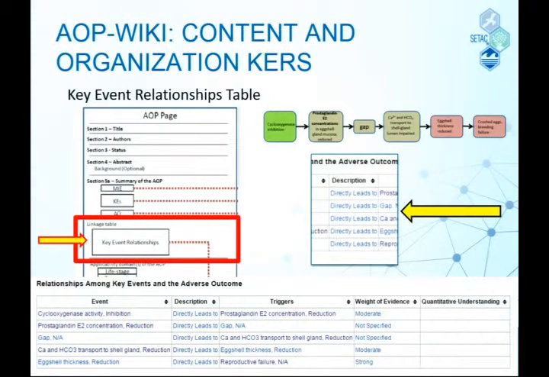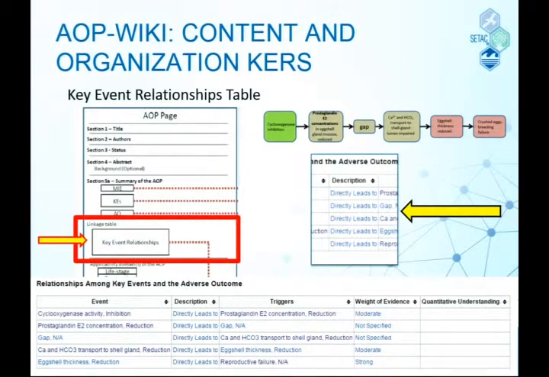So the first thing is you need to name the key event relationship, and that's actually very easy to do. Basically, the wiki forces you to name the key event relationships correctly. The way that the name is made is you have to describe the relationship, and you have to basically say this leads to that.